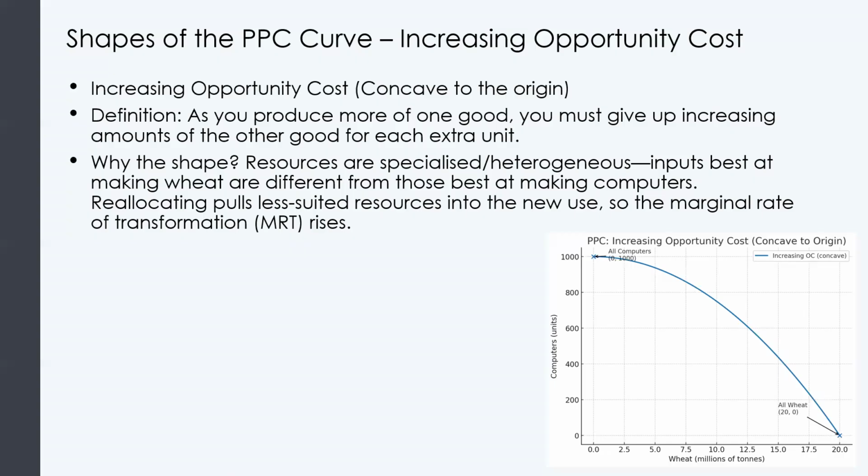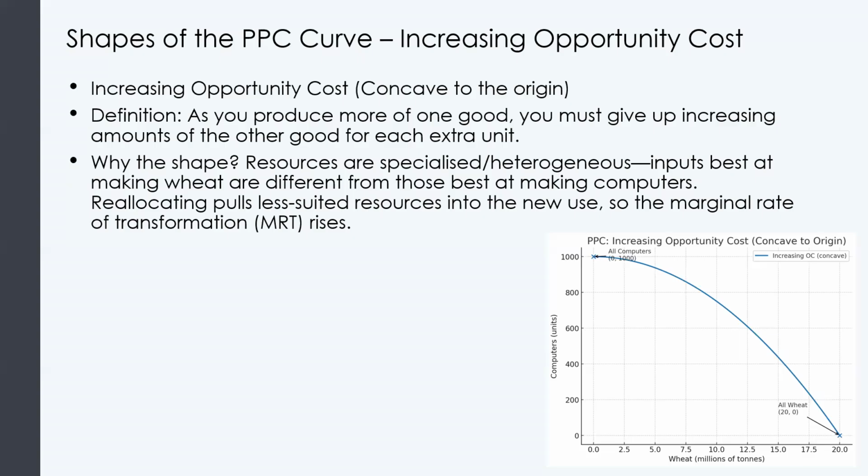Those are things that you find in the physical land in South Africa. But if you want to produce wheat, what do you need? You need fertile soil. You need water. So the things that you need for wheat and the things that you need for computers are not equal. So when you try to produce more and more wheat, it means that some of the resources that you were using to produce computers will not be usable. You don't need gold to produce wheat.